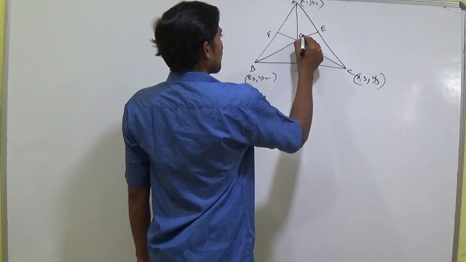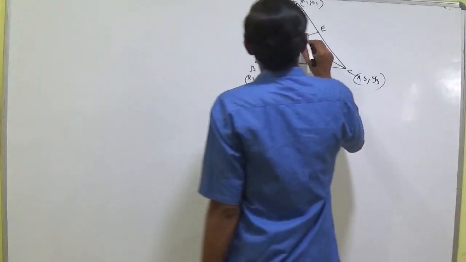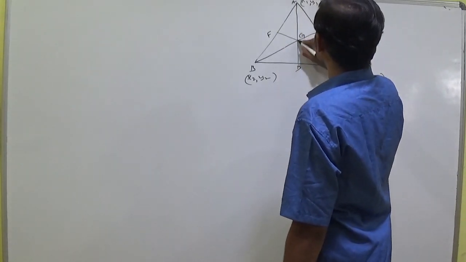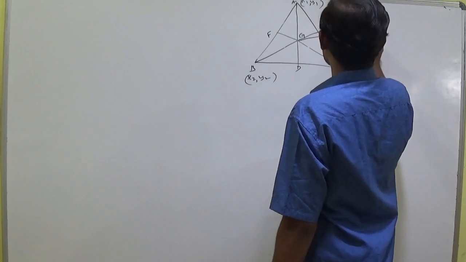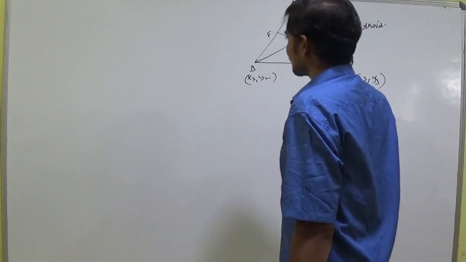The concurrent point of the medians is the centroid. G is the centroid.